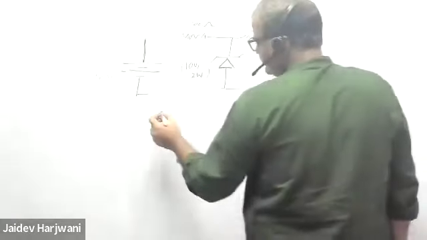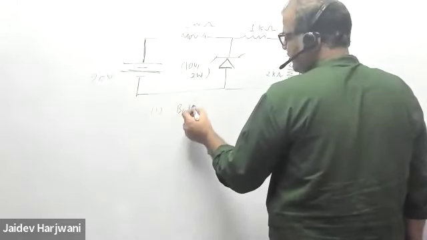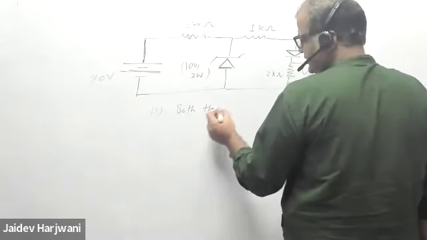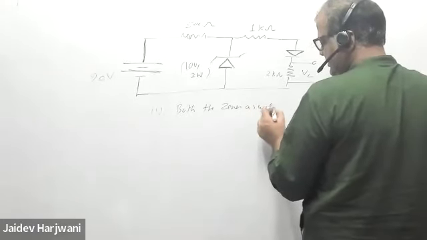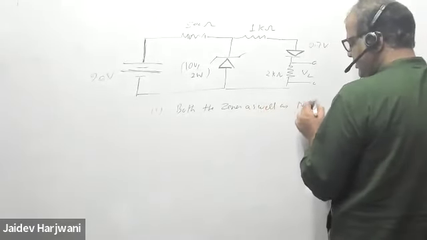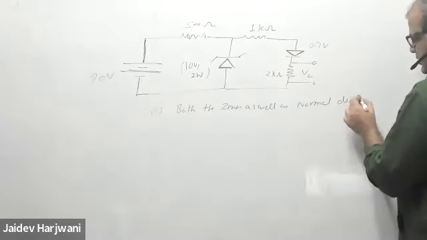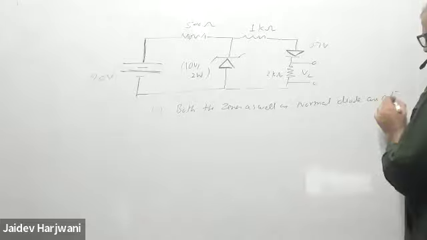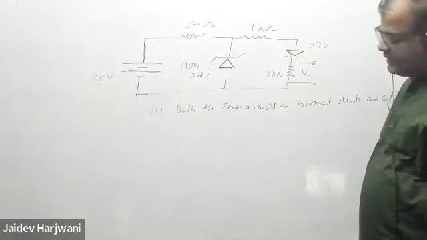So there are 4 possibilities. Possibility number 1, both the Zener as well as the normal diode are off. Off means both are open.